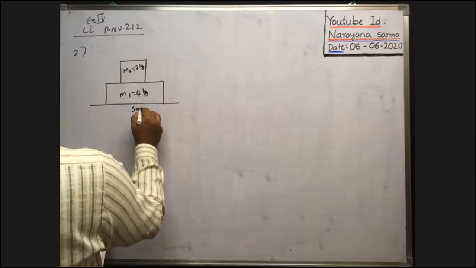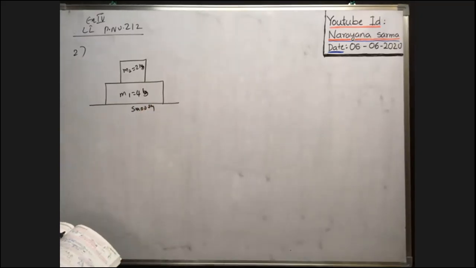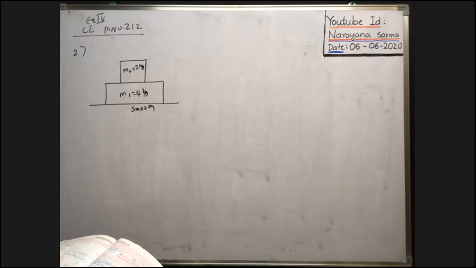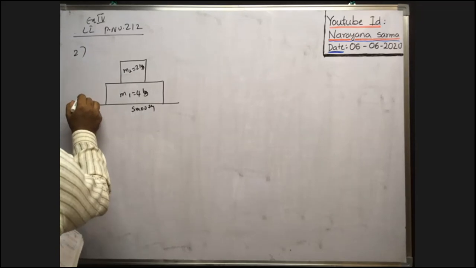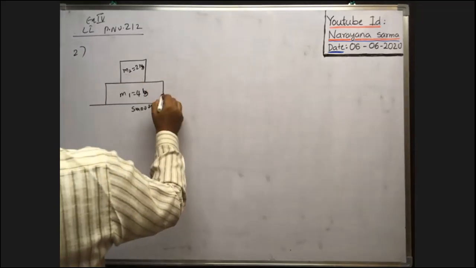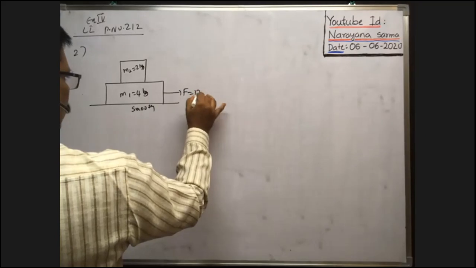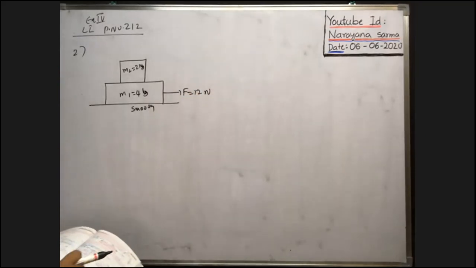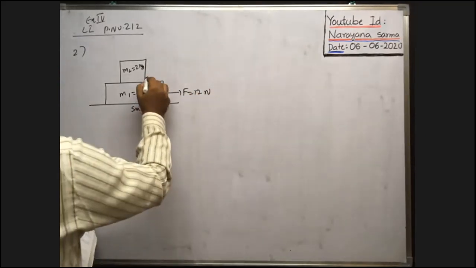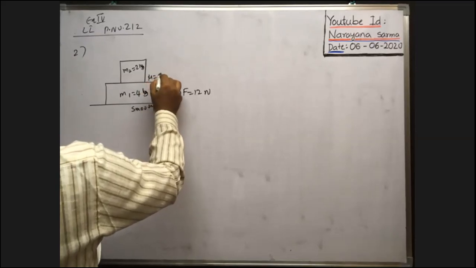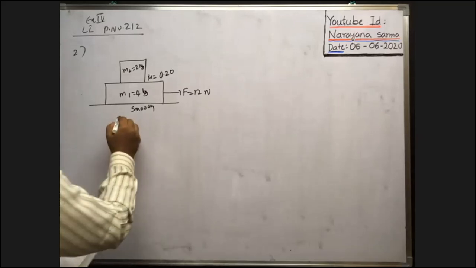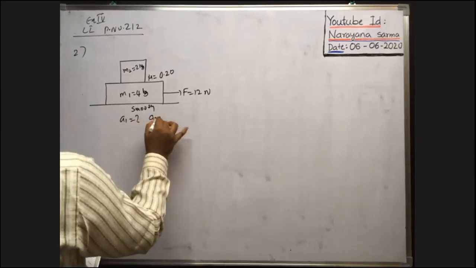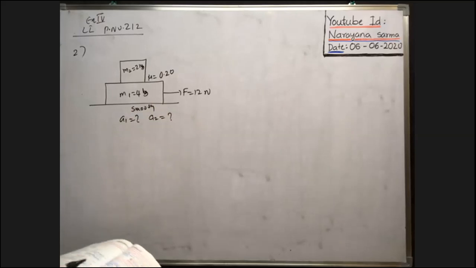Find the accelerations of the two blocks if a horizontal force of 12 Newton is applied on the lower block. The coefficient of friction between the two blocks is equal to 0.20. That is given. Then the acceleration of the lower block is equal to how much? The acceleration of the upper block is equal to how much? That is the question they asked.